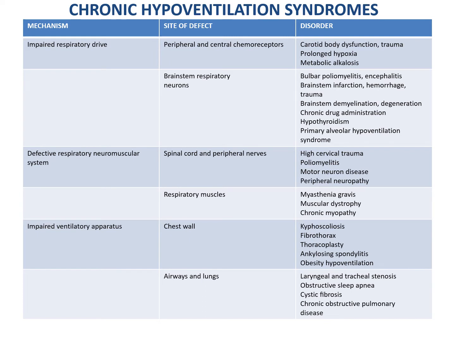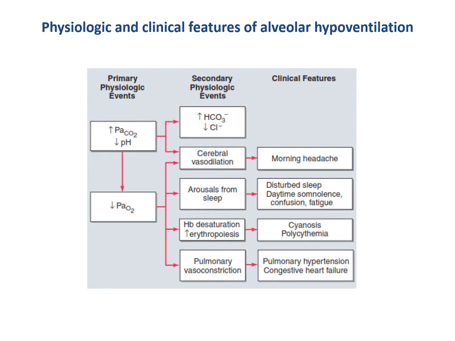Another mechanism is a defective respiratory neuromuscular system and impaired ventilatory apparatus, which include chest wall and airways and lungs. In chest wall, you see kyphoscoliosis, fibrothorax, thoracoplasty, and so on, and in airways and lungs, laryngeal and tracheal stenosis, and also COPD, cystic fibrosis.